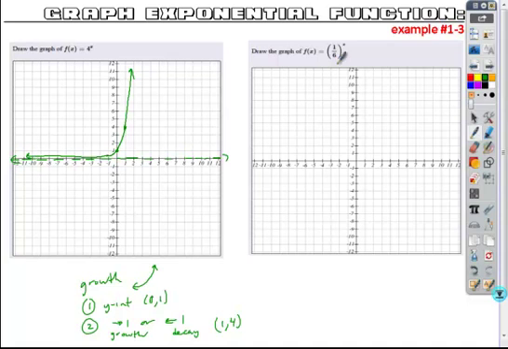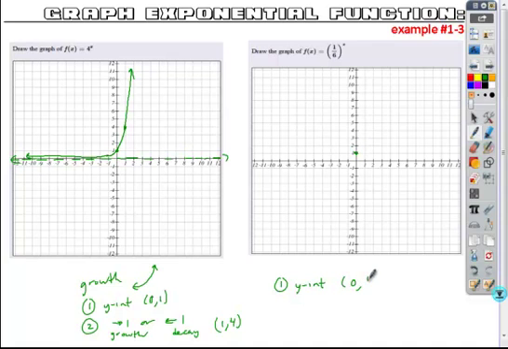Okay, now, if you're graphing an exponential function and the base is smaller than 1, meaning it's between 0 and 1, what you're going to do is the same first point, the y-intercept. So here, when you plug in a 0, 1/6 to the 0 power is still a value of 1.